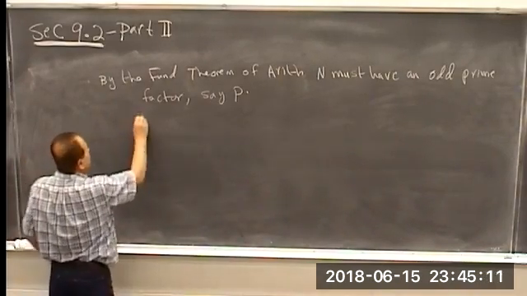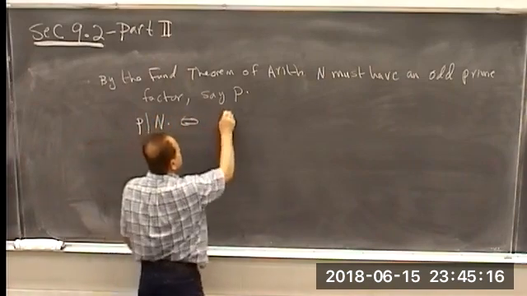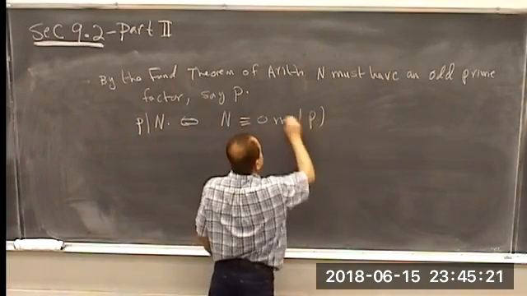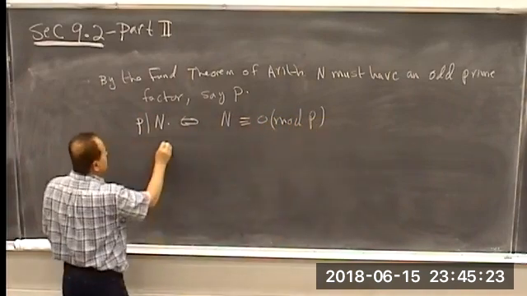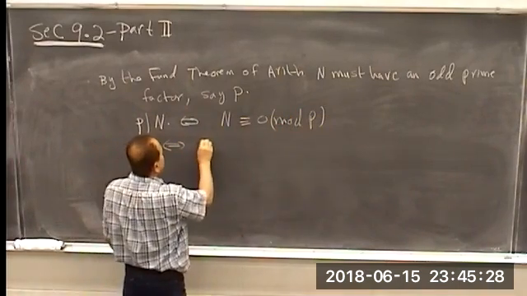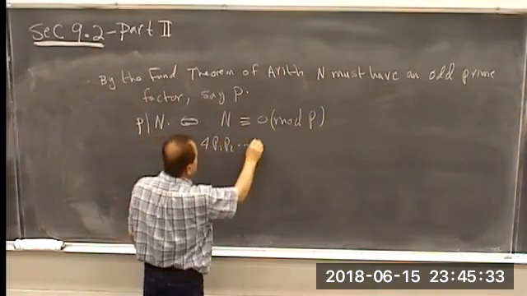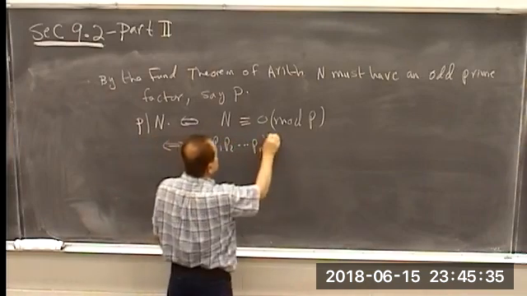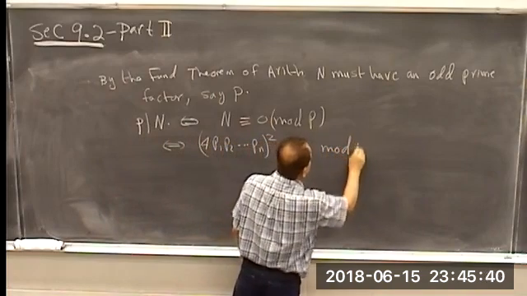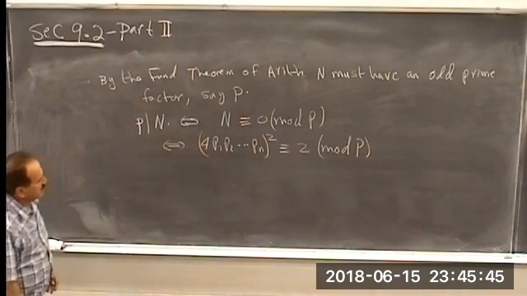Right, so we have P divides N, and this is equivalent to saying that N is congruent to 0 mod P. And I could also write this congruence relation as 4 P1, P2 up to Pn squared is congruent to 2 mod P, because we could write N like this.